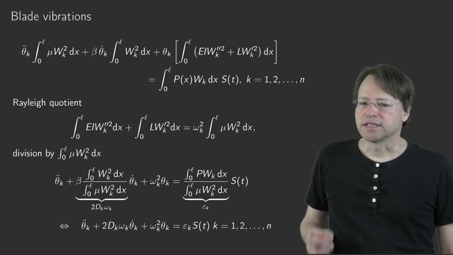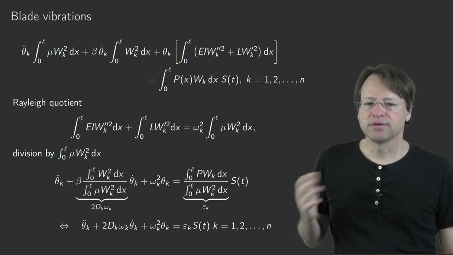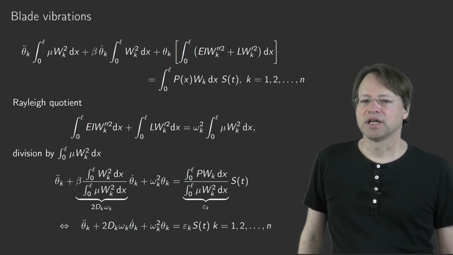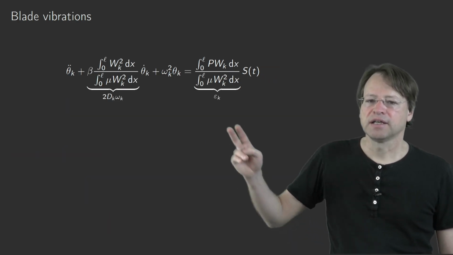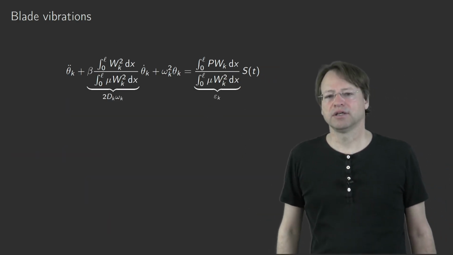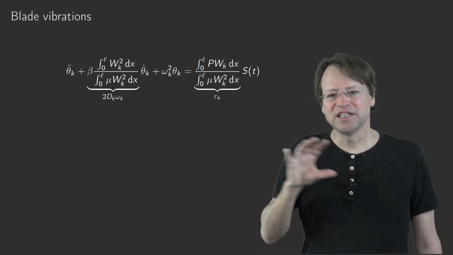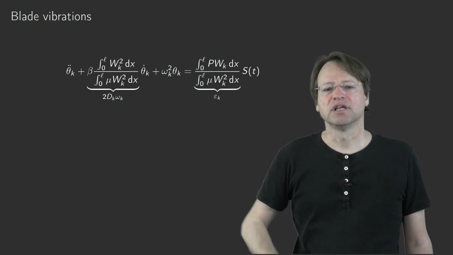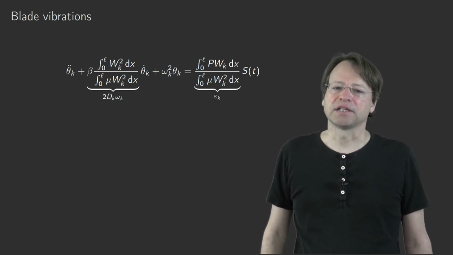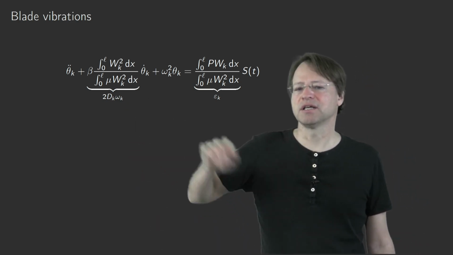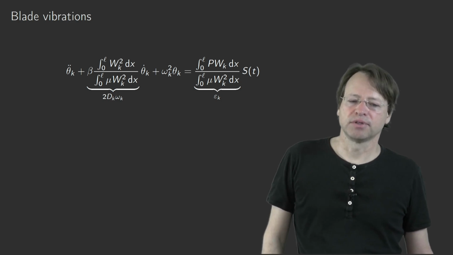So let's see how the particular solution looks like and how that equation helps us to design our rotor blade against fatigue. So here again is one of the equations of motion that are decoupled, namely for mode number k. We are looking for the particular solution only because there's damping, and we know that the homogeneous solution then decays exponentially fast.